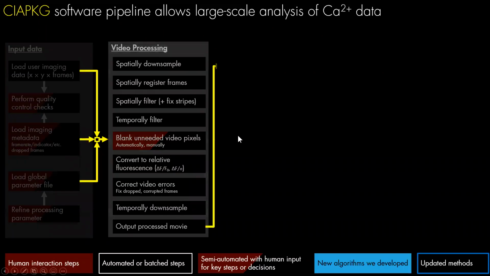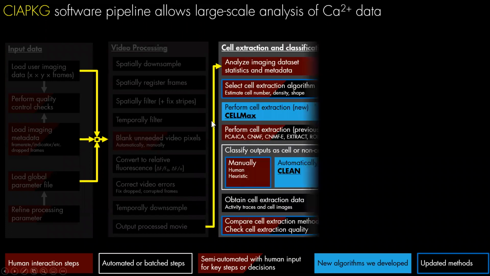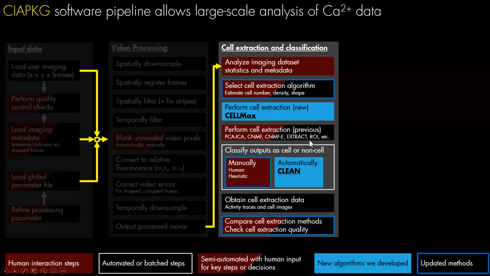What's slightly different from the other tools is that from the get-go, this was designed so that you could do multiple different cell extractions, which is a fairly important step. This allows you to use one of our new algorithms called SUMX that you should be hearing more about in the future, as well as some of the prior algorithms like PCA-ICA, CNMF, and another algorithm developed in our lab called EXTRACT.